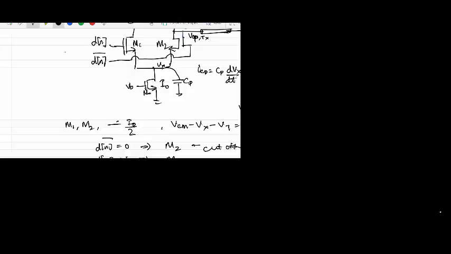these Dn and Dn bar signals. The way I have shown them here, they have an instantaneous rise and fall, right? But normally that doesn't happen.